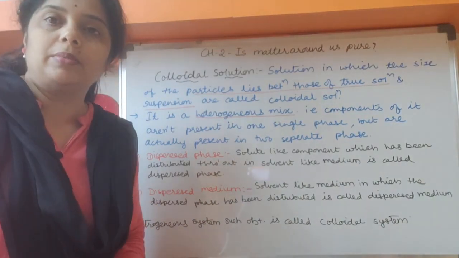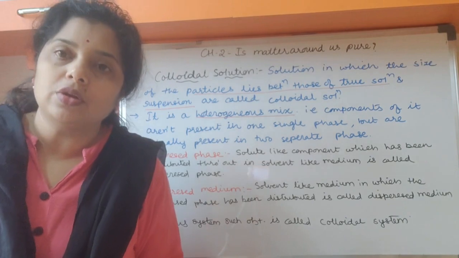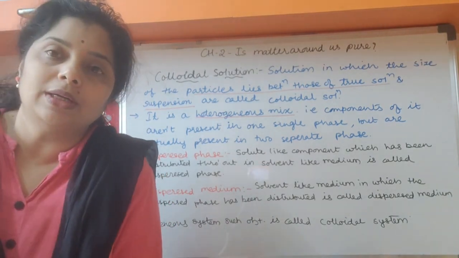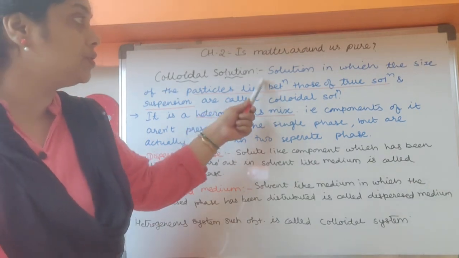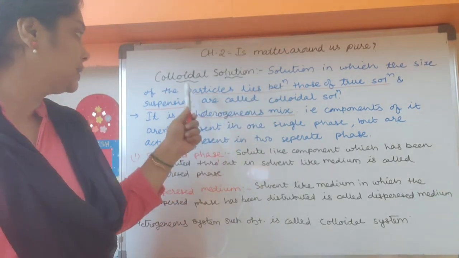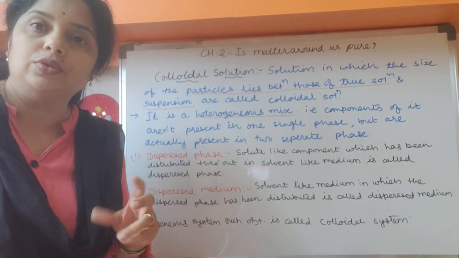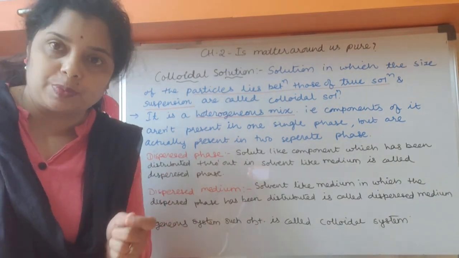Now let's learn about the colloidal solution. A colloidal solution is again one type of heterogeneous solution. Its definition is a solution in which the size of the particle lies between the true solution and the suspension.